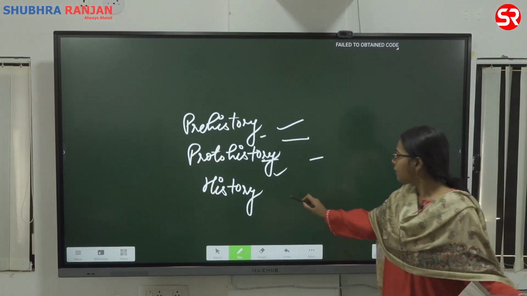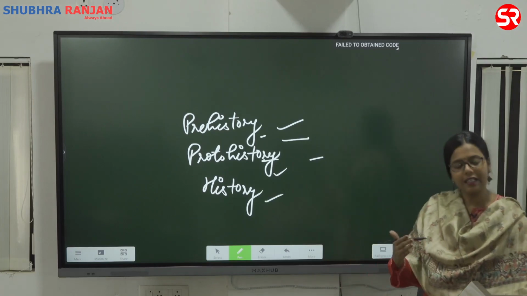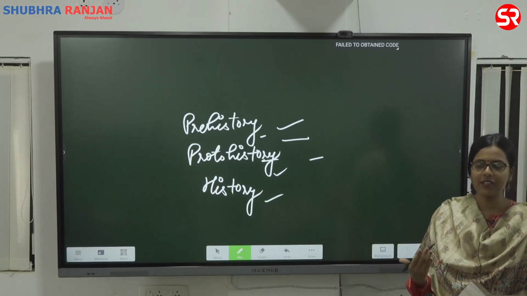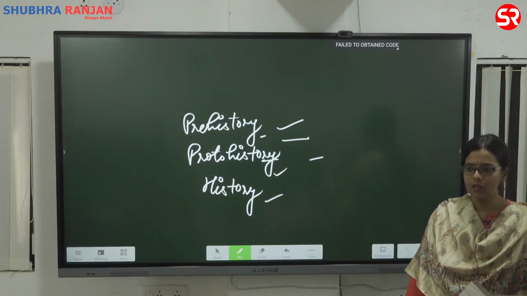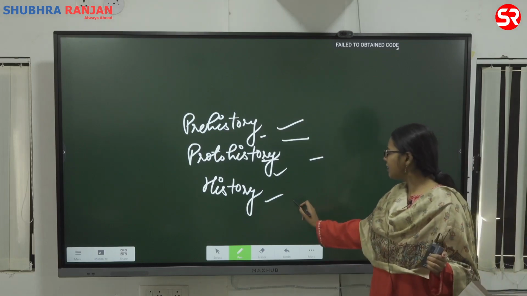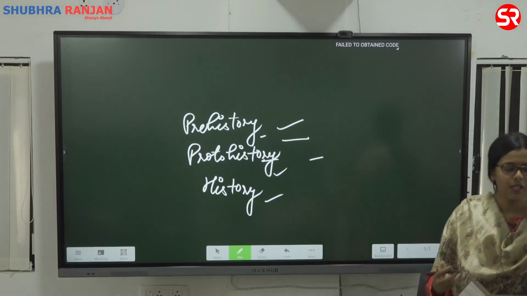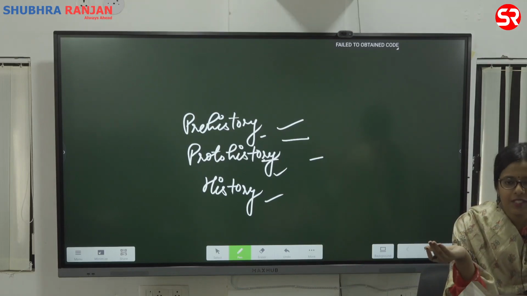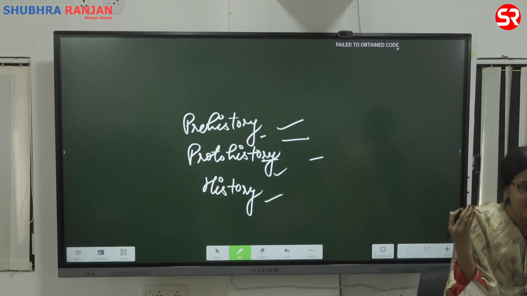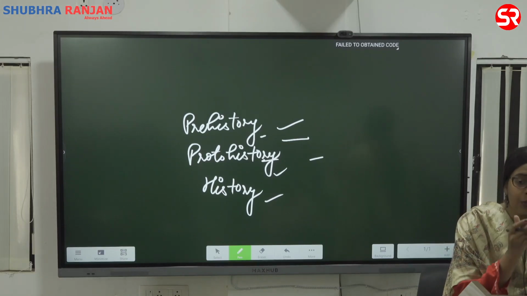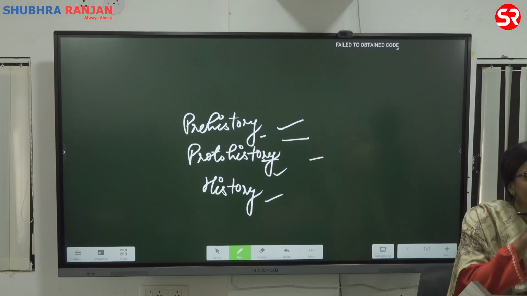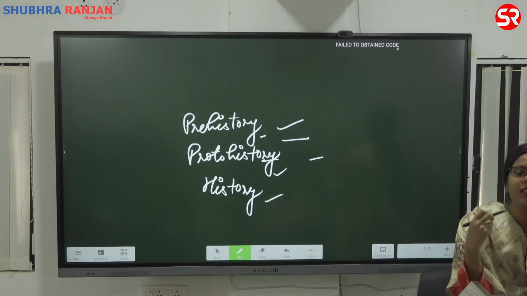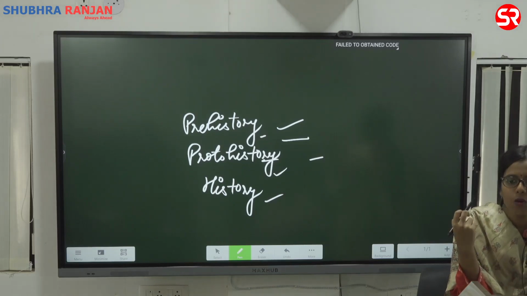Coming to history, it is a time from when we have written evidence available. Here there is one thing that is often contentious. When we talk about the Vedic era, we do have written evidence available because the Vedas are there, but some people say that since the Vedas were not exactly written at that point of time, transmission was happening orally.